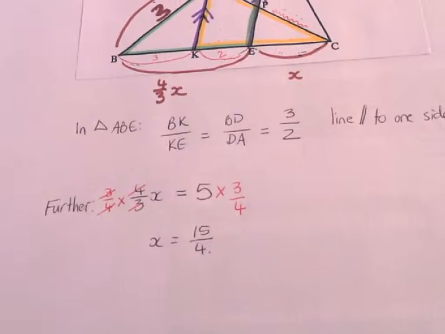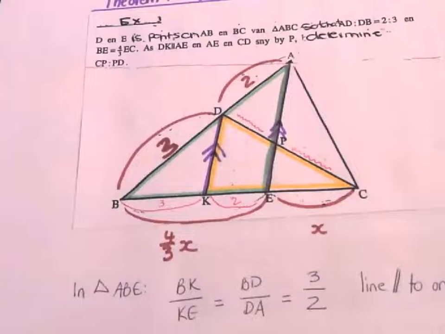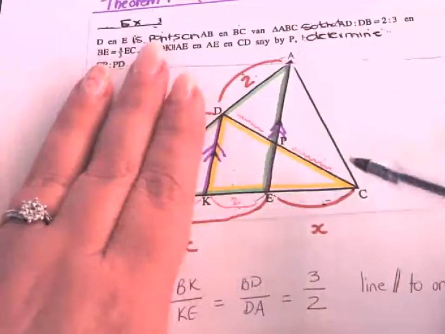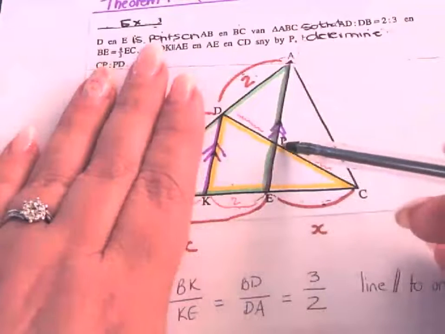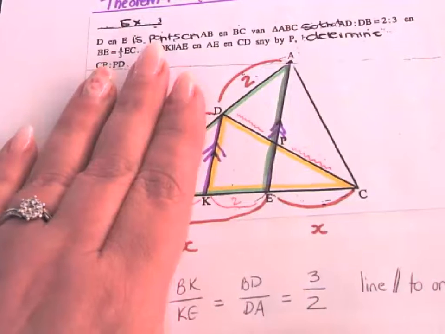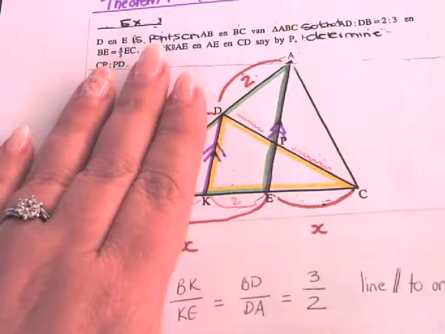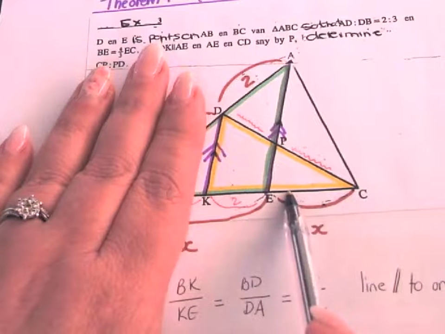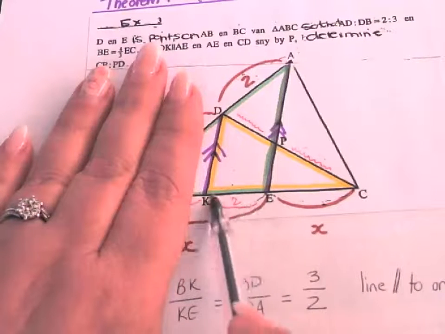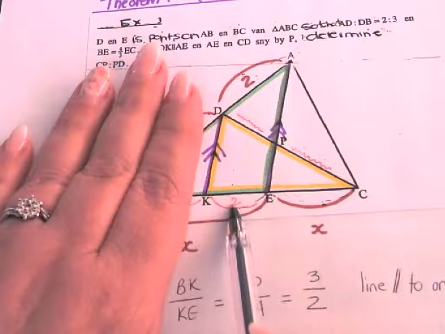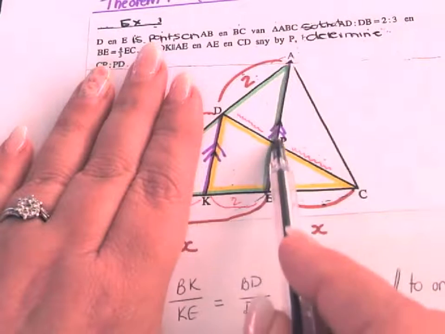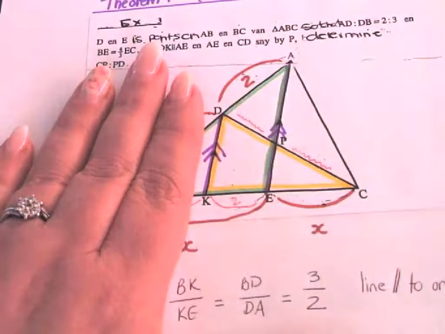Why did I solve x? Because the question asks, I have to get the ratio of those two pieces of the yellow triangle, and x is part of that. We know that KE is 2. So we need to solve x in order to get the proportion of the other side.